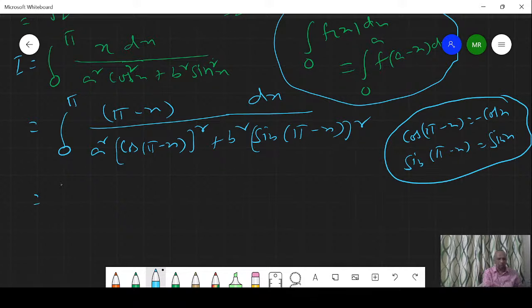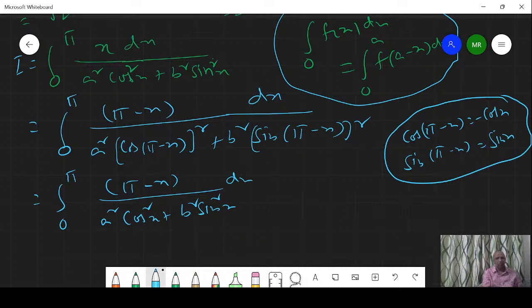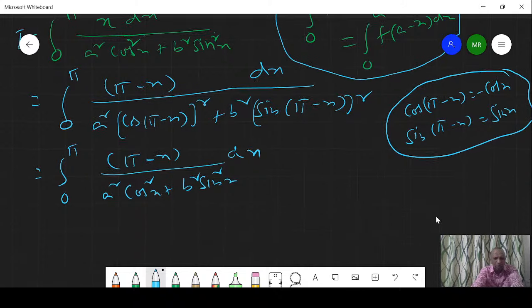Now you can substitute here, 0 to pi. This will become (pi minus x) by, same thing, the square is there, minus cos x whole square, a square cos square x plus b square sin square x dx. Now we can split pi minus x. Can you split this now? I hope you understood here, right?